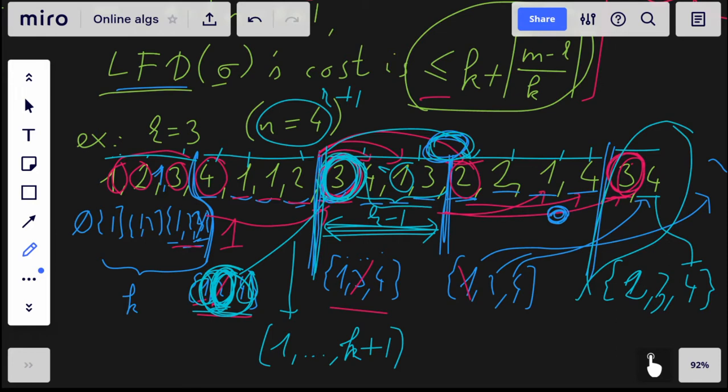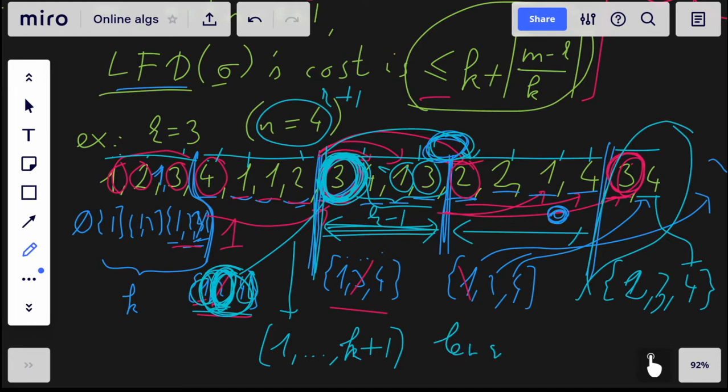And also there is this new element at the very beginning of the phase, which might occur more times after that. But it means that there are exactly k different elements in each section, so the length of each section is at least k.